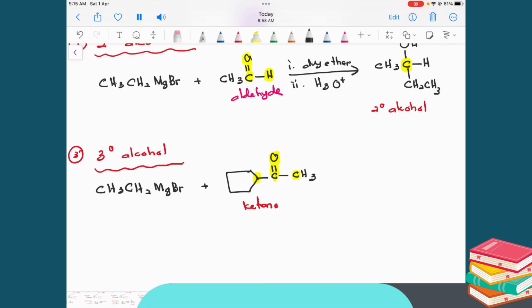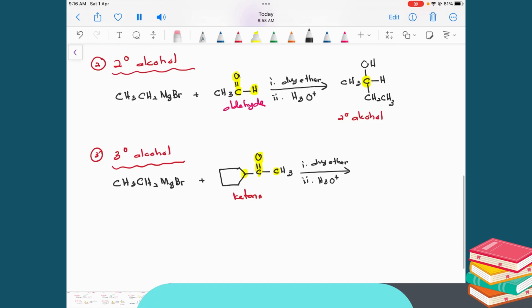The equation is number 1, dry ether, and number 2, hydrolysis; both are compulsory because the reaction is followed by hydrolysis. If you want to use another method, you need to draw the product after reaction with the ketone and then after hydrolysis, so 2 separate equations.